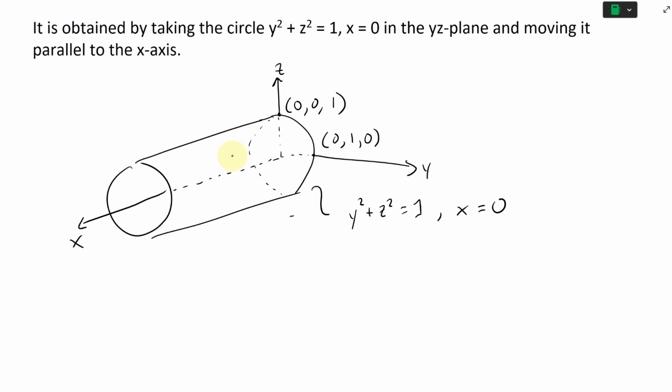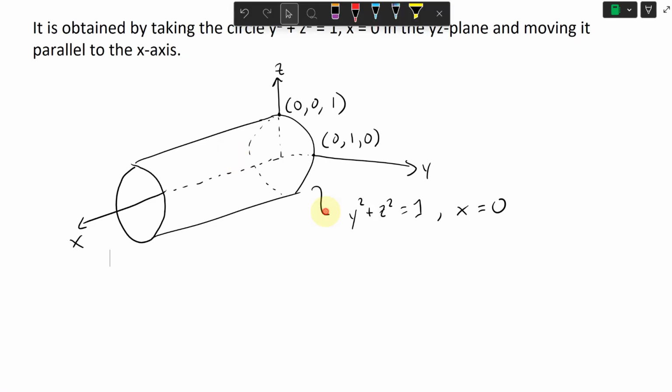And then you just shift it all the way across this entire thing like that. And then the ruling is just going to be a horizontal line across the whole thing, basically parallel to the x-axis and so on. Just going to put them all across like that, and that's how you make this tube or this horizontal cylinder.